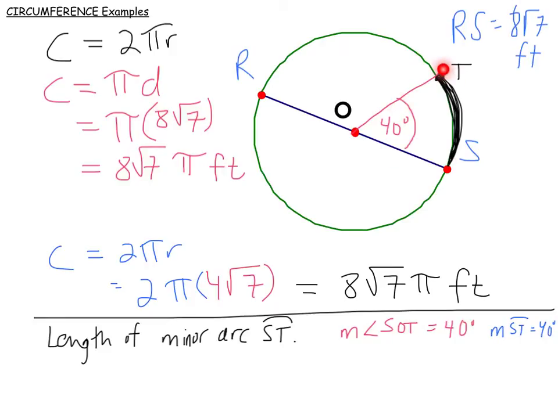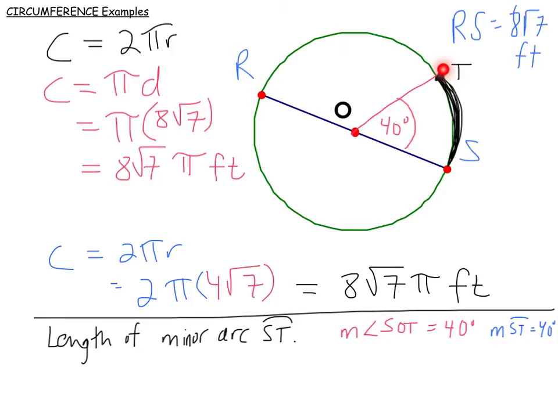So now if we wanted to know the length of ST, and remember this is an arc, so we're going to use the thing that deals with the length of the outside, meaning the perimeter, or the distance of the outside of a circle, namely circumference.